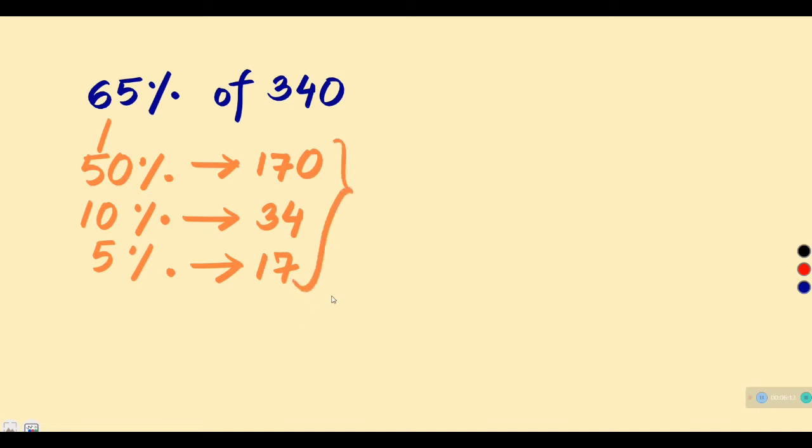Add all of them. Now you should be good at adding numbers. We have 170, we have 34, let's write it as 30, we have 17, let's write it as 10. Now in 34, 4 was left. Now in 17, 7 was left.